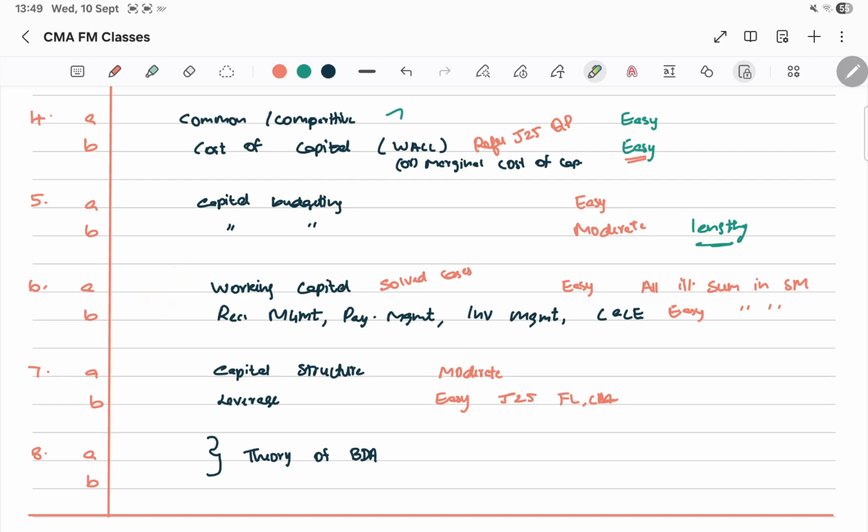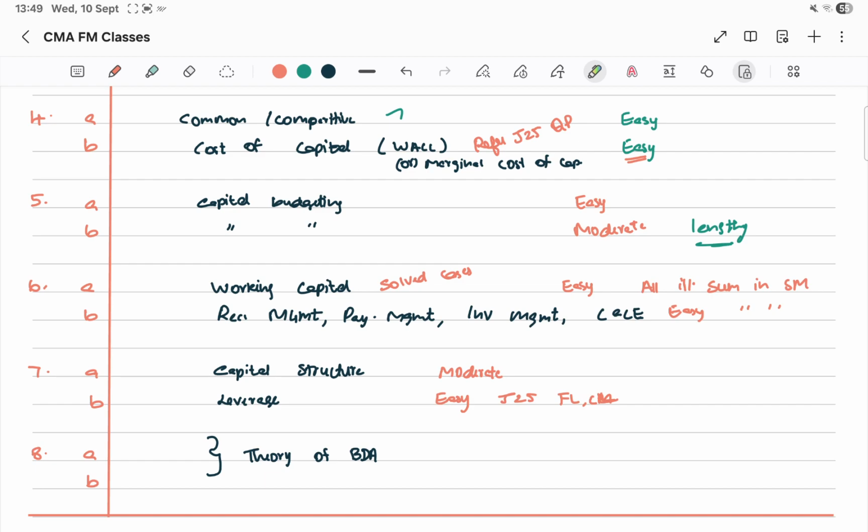Okay, now getting back to the 7th chapter. The 7th chapter is capital structure. As you all know, capital structure is a slightly conceptual chapter, so you cannot just go through it once and directly go back to your examination. So just focus on module number 7, cost and capital structure.